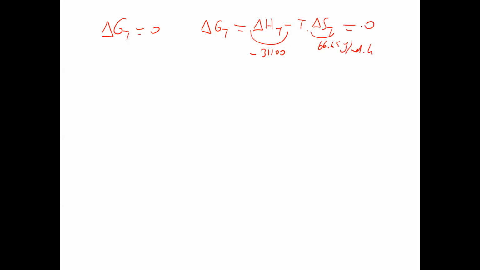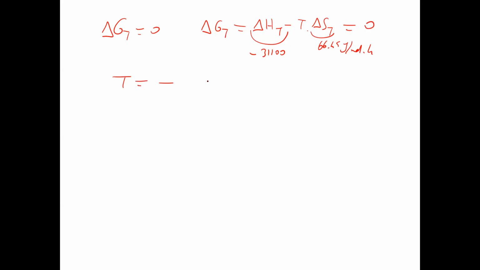Let's look at delta G_T is 0. That's T. We don't know this T. Delta H_T minus T times delta S_T. This doesn't change with temperature much, so we can take this one, minus 31,100 joule, and this is about minus 66.45 joule per mole Kelvin, and this is 0.